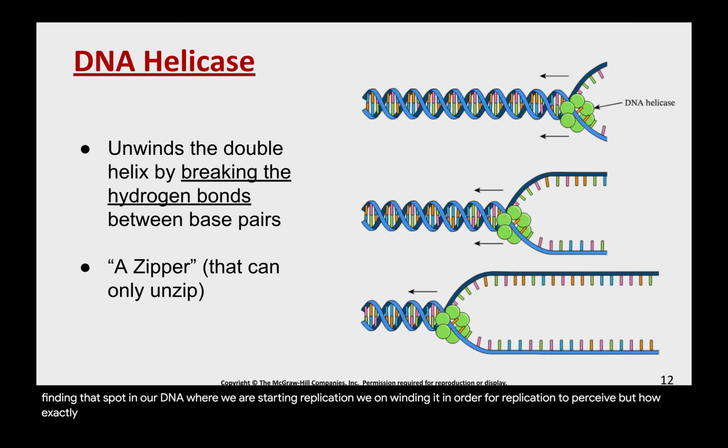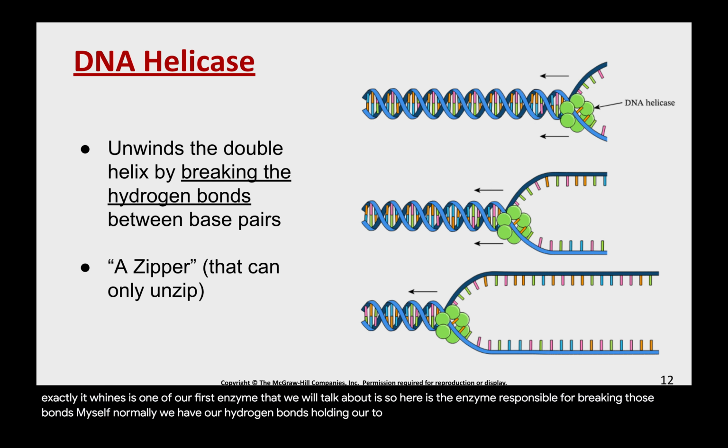But how exactly it unwinds is one of our first enzymes that we will talk about, DNA helicase. Helicase is the enzyme responsible for breaking those hydrogen bonds between our nitrogenous bases in our double helix. Normally we have our hydrogen bonds holding our 2 strands together.